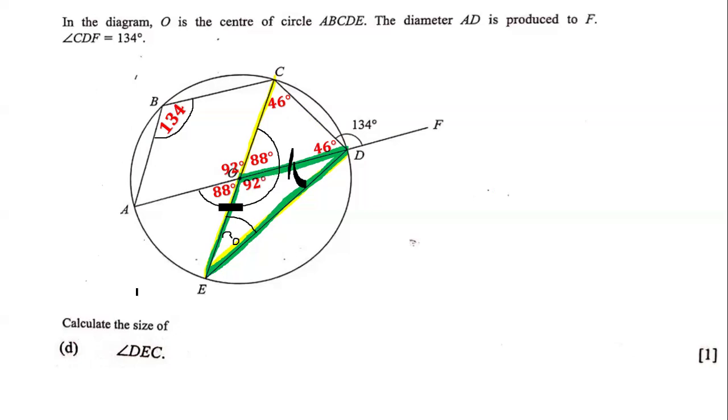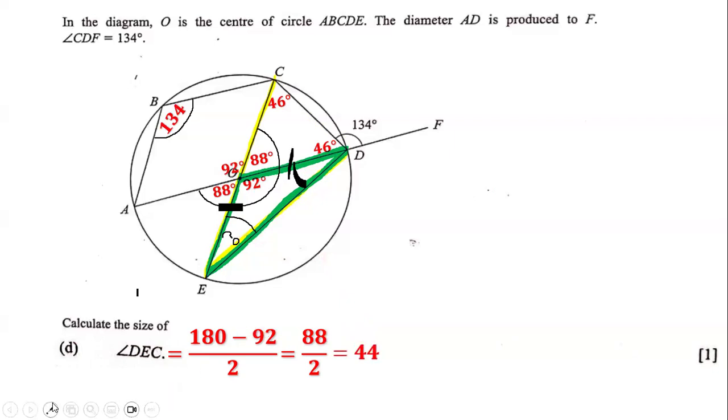So angle DEC is going to be equal to 180 degrees minus 92. We use 92 because that's this angle inside of the triangle. So we have 180 degrees minus 92 degrees, and when we subtract, we get 88. But we have to take 88 and split it into two angles evenly. So 88 divided by 2 is going to be 44.